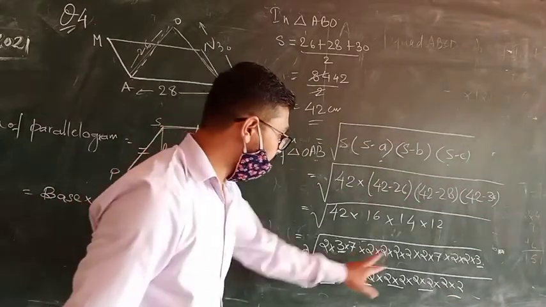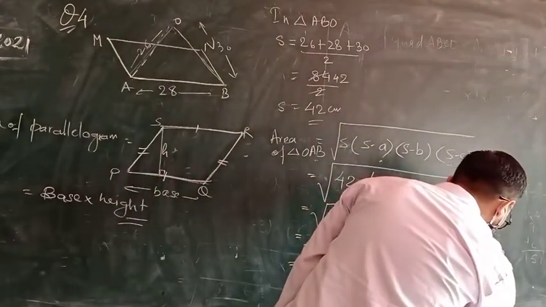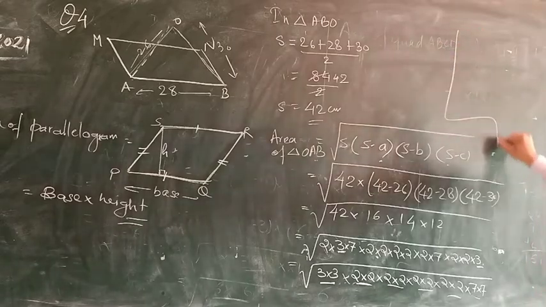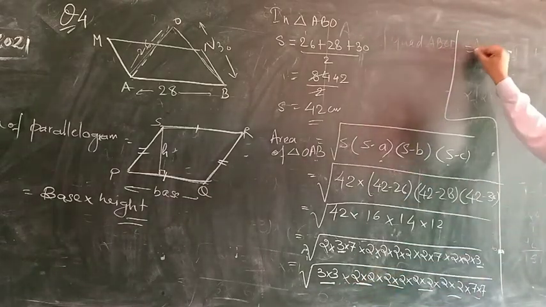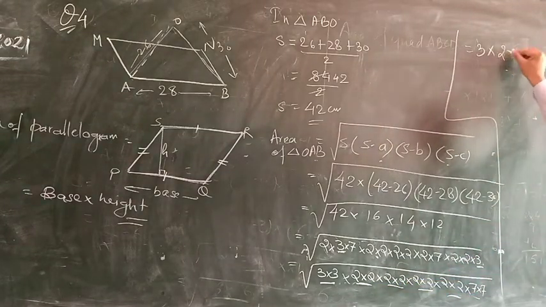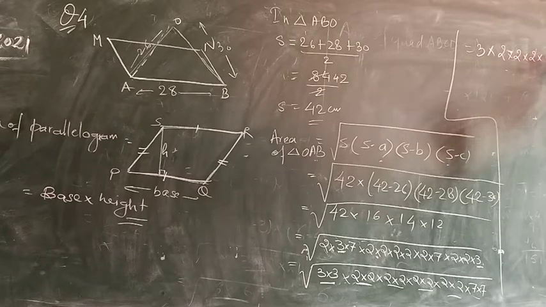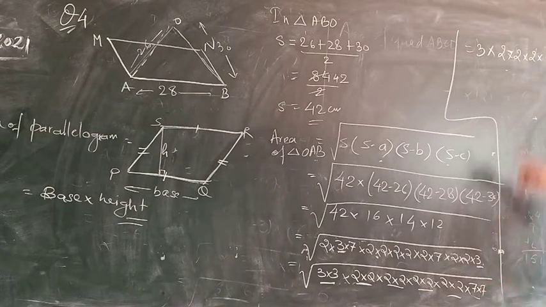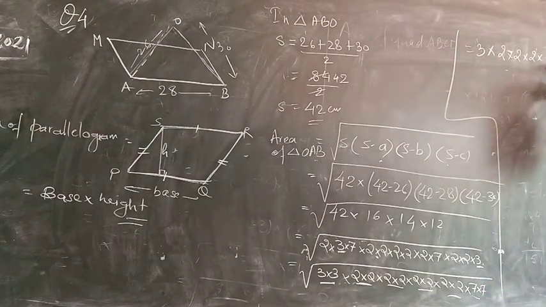And there is another pair of 7, so 7 into 7. So now can I write like this? 3, 4 2's and 1 7 come out of the square root, right? So I have 6 digits: 1, 2, 3, 4, 5, 6.